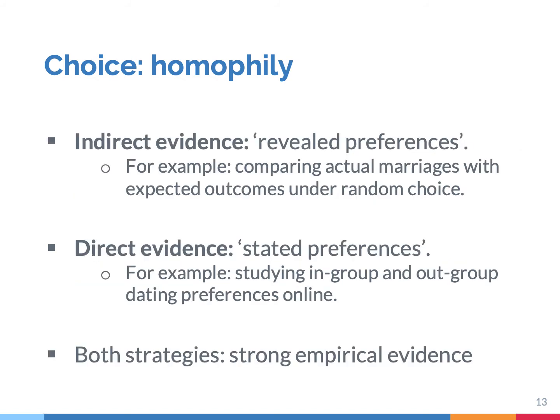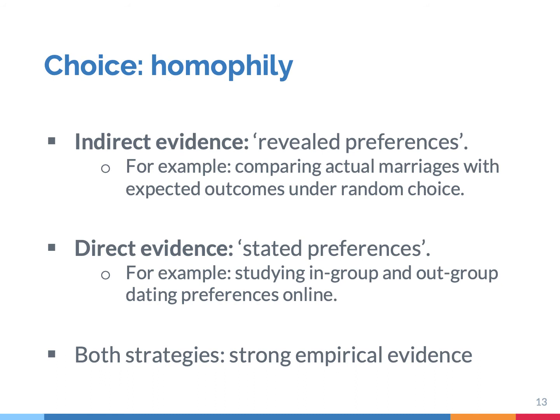There's a lot of evidence in support for the homophily theory. It comes from two sources. First, there is indirect evidence, which comes from research on actual marriages and friendships. And these studies find that there is a strong tendency towards the creation of in-group ties more than what would be expected under random choice. And second, there is direct evidence, which comes from stated preferences in research on dating.